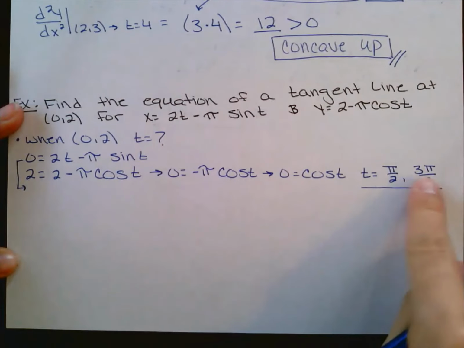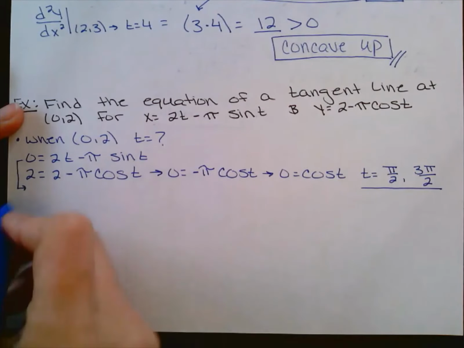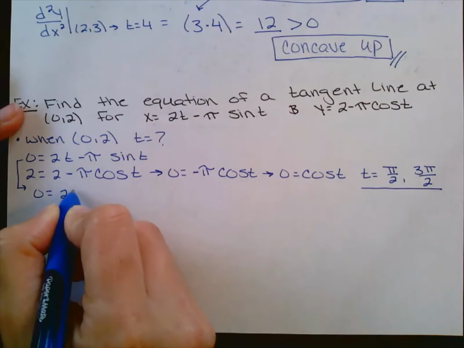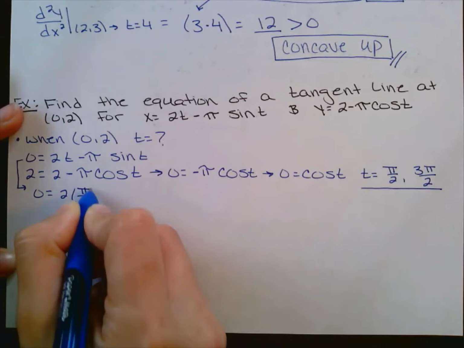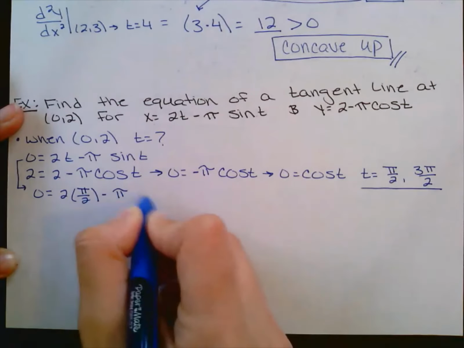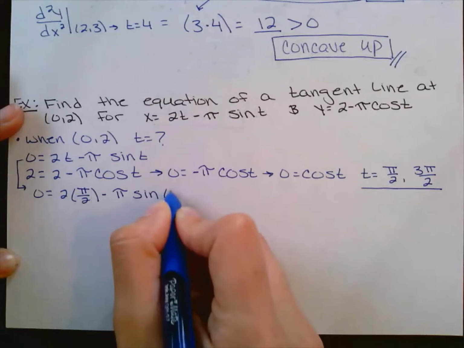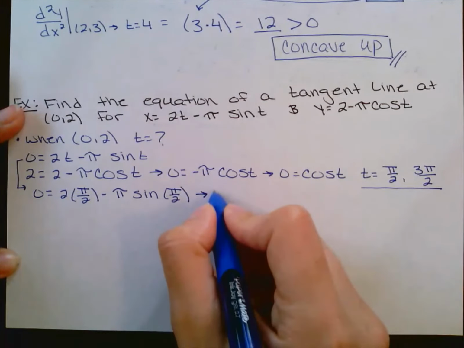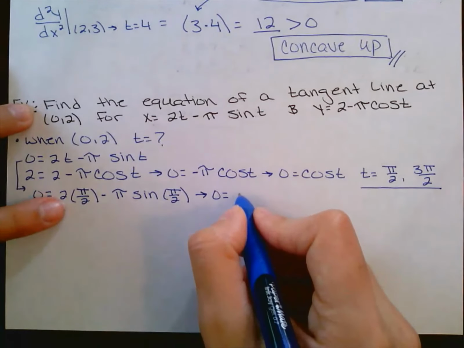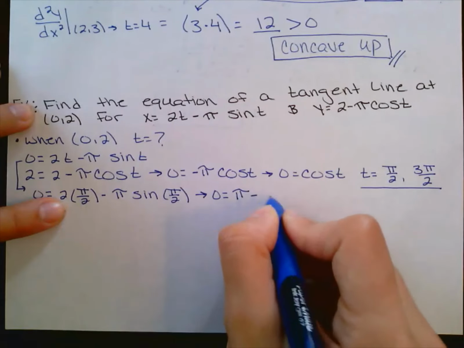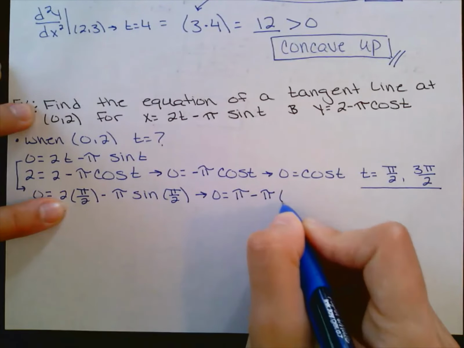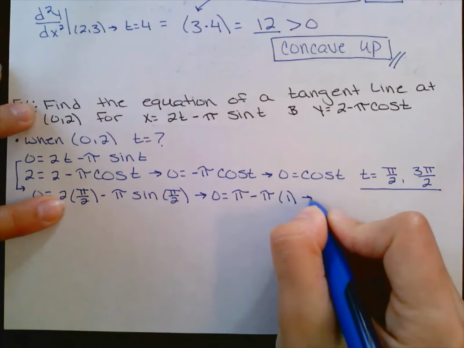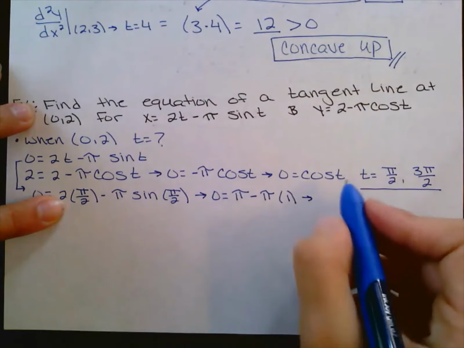I'm just going to test which one of these two would make this statement true. So I'm going to try with the first one. 0 equals 2 times pi over 2 minus pi times sine of pi over 2. Okay? So 0 equals, these 2's are going to cancel and I'll end up with pi minus pi times sine of pi over 2 is a positive 1, which would then leave this pi minus pi, which is 0.